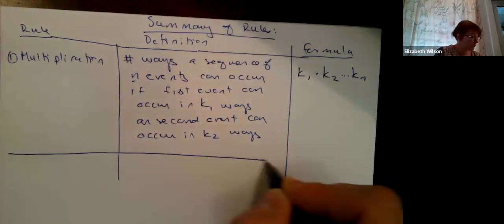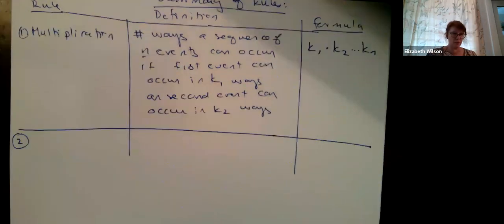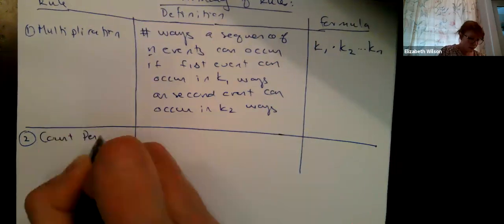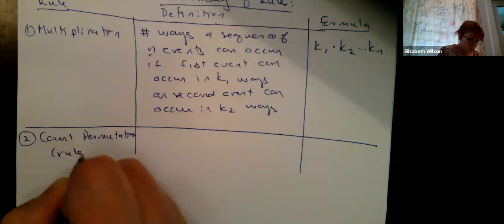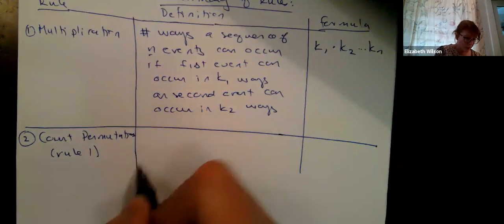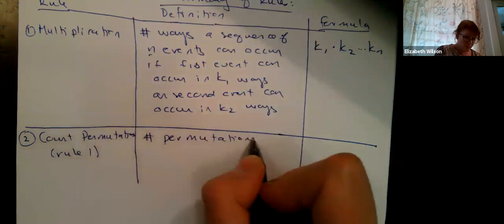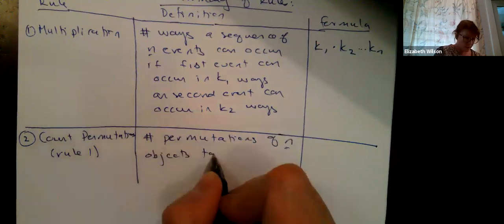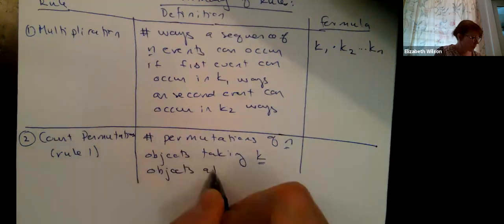The second rule, rule 2, I'm trying to leave both up there so you can keep writing. Rule 2 says we're going to count our permutations. I'm running out of space. So this is our first rule of counting permutations. We have the number of permutations of n objects taking k objects at a time.